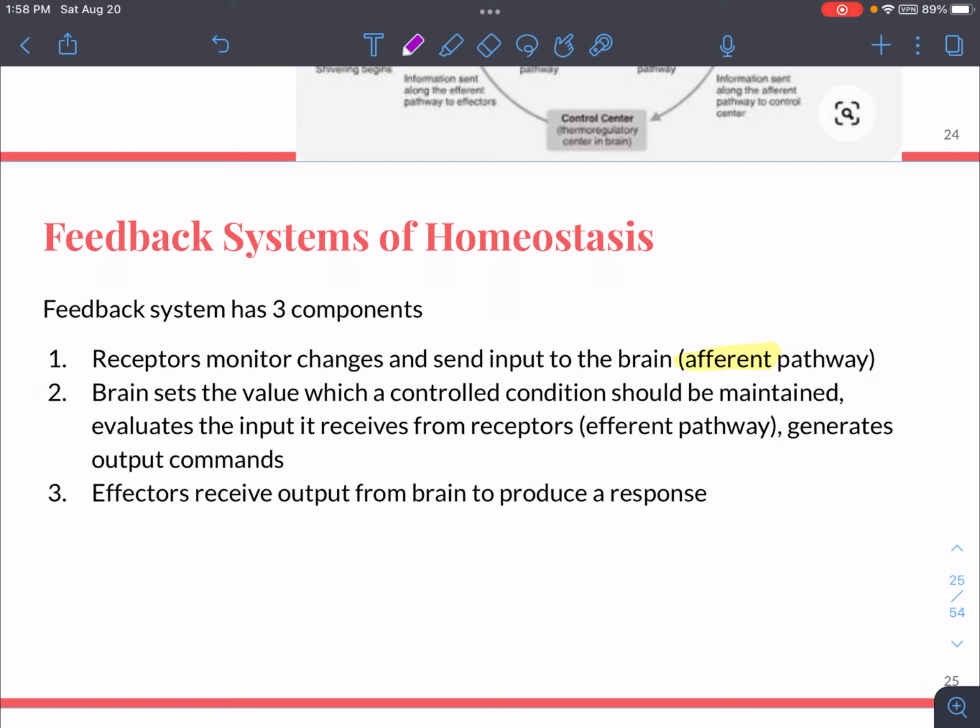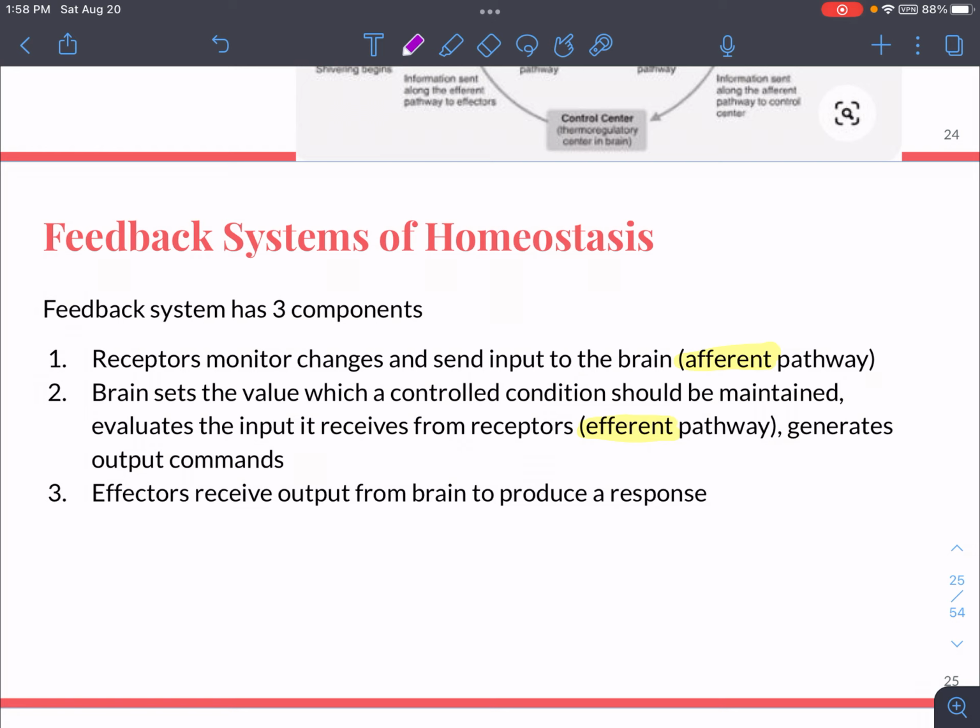So you're cold. A receptor in the skin sends that message to the brain that you're cold. The brain receives that information, and then it sends information from the brain through the efferent. Efferent goes out.